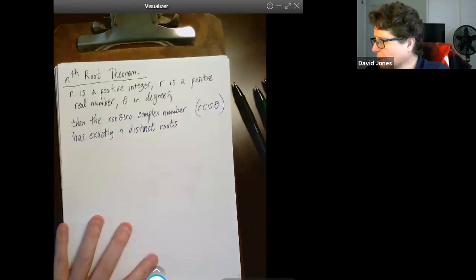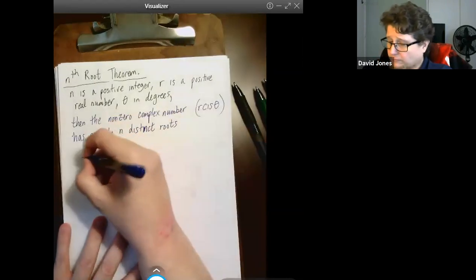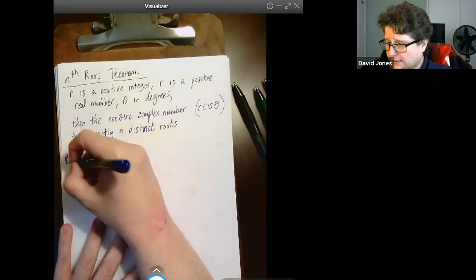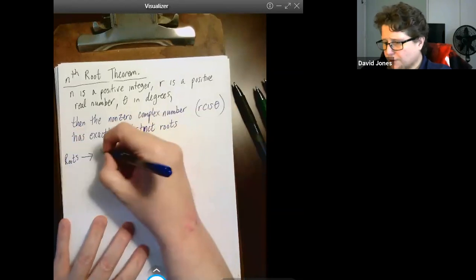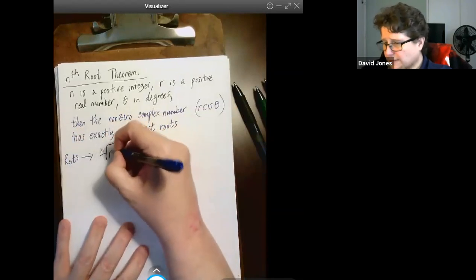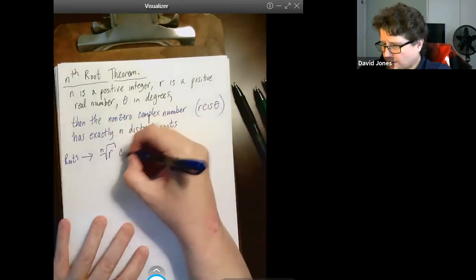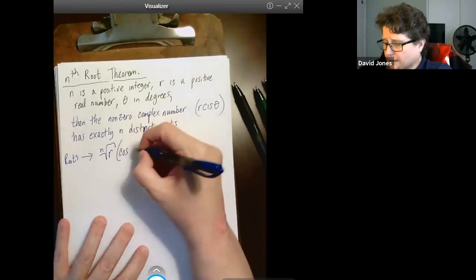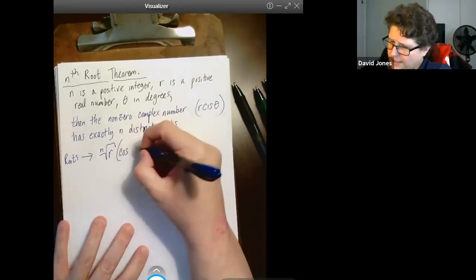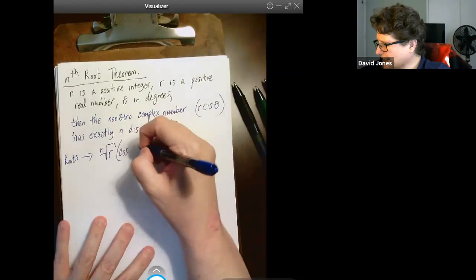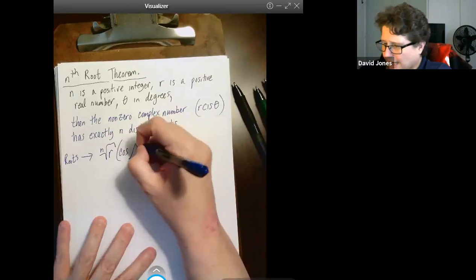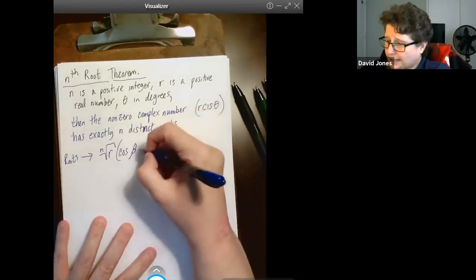And they're of the following form. The roots are the nth root of r, and then cosine, they use alpha. I think alpha looks funky. I'm going to use beta plus i sine beta.